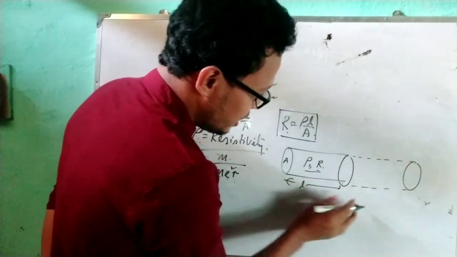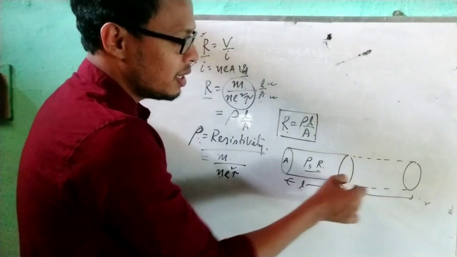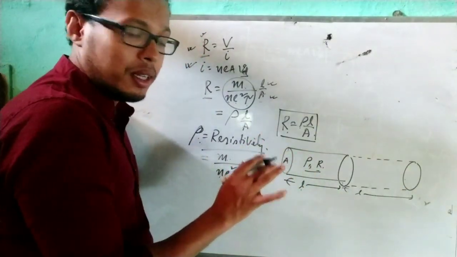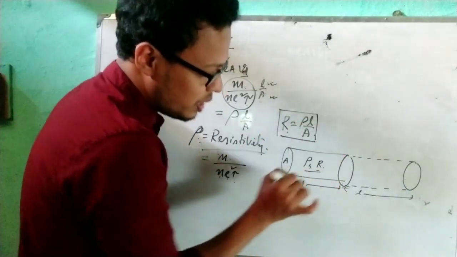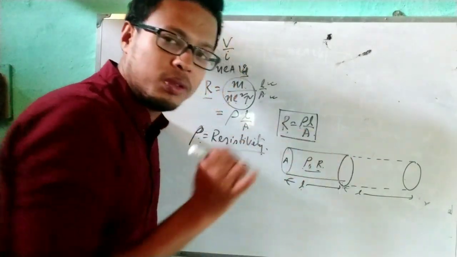So the length becomes, suppose, twice L, and when the length changes, the area will change. Now which term will change, resistance or resistivity or both?